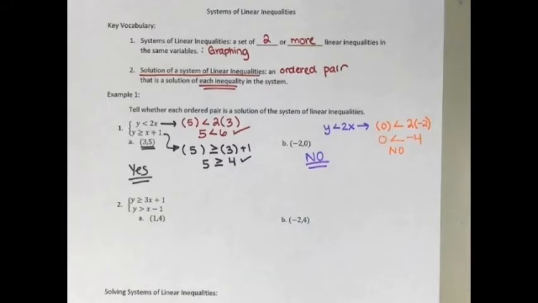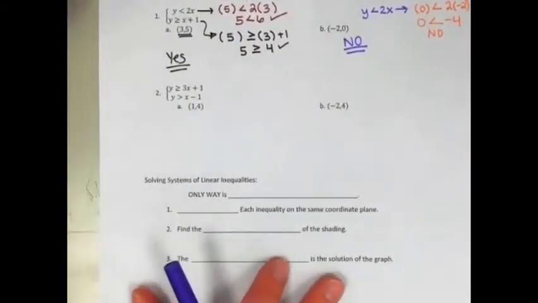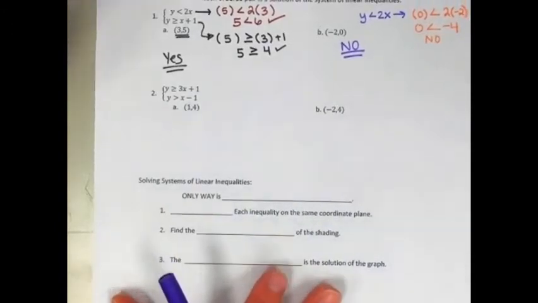All right, go ahead and do number 2. Is (1, 4) and (negative 2, 4) a solution to this system?